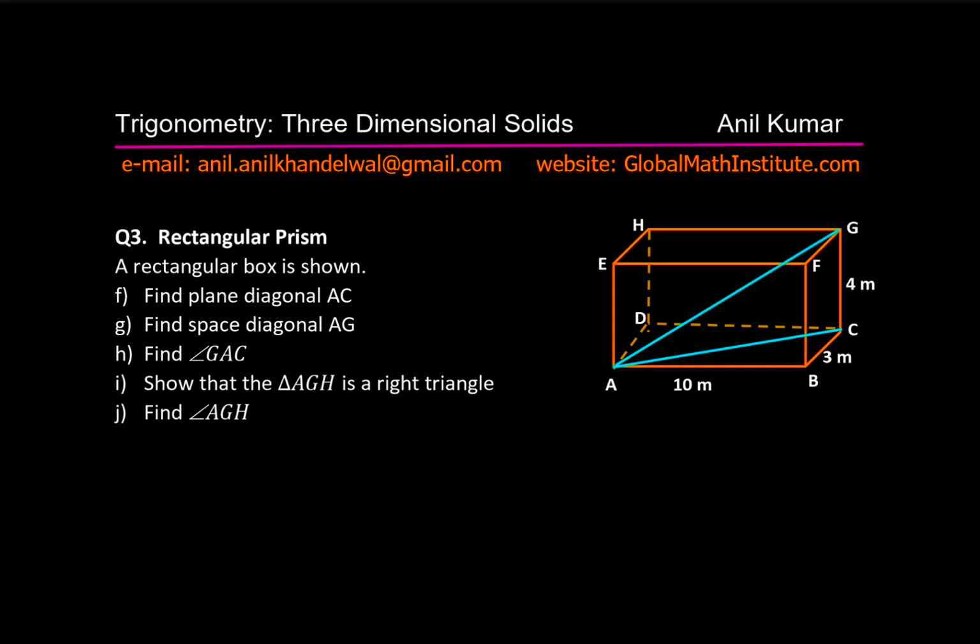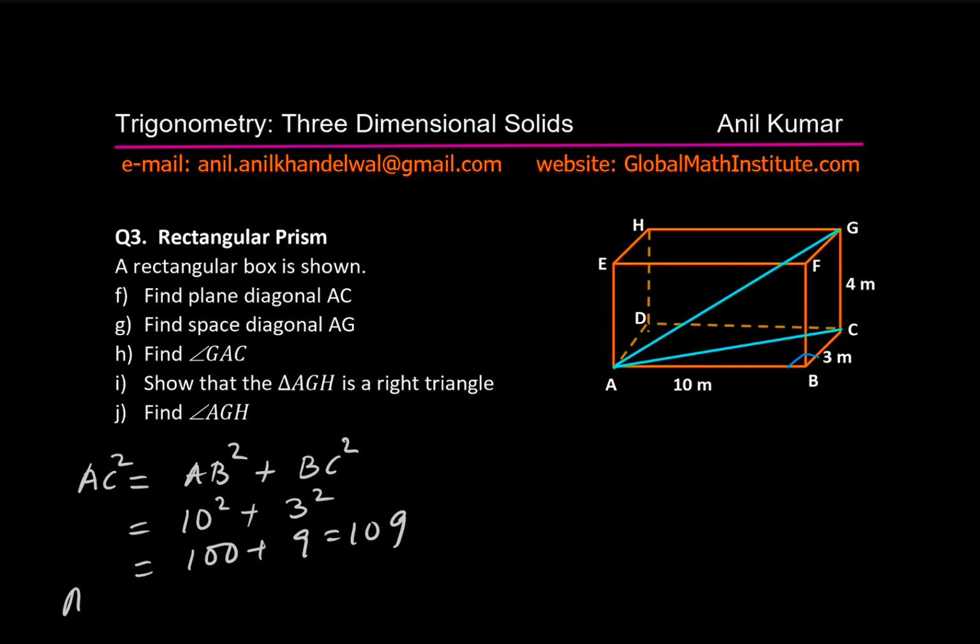Perfect. Now here is my solution. Find plane diagonal AC. So let's figure out what AC is. We'll apply the Pythagorean theorem since we know that this is a right angle, right? It is given to us. So AC squared is equal to AB squared plus BC squared, which is 10 squared plus 3 squared, which is 100 plus 9, which is 109.